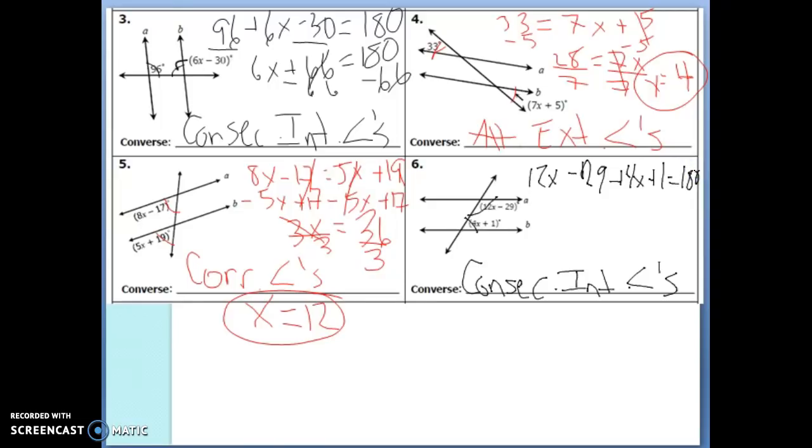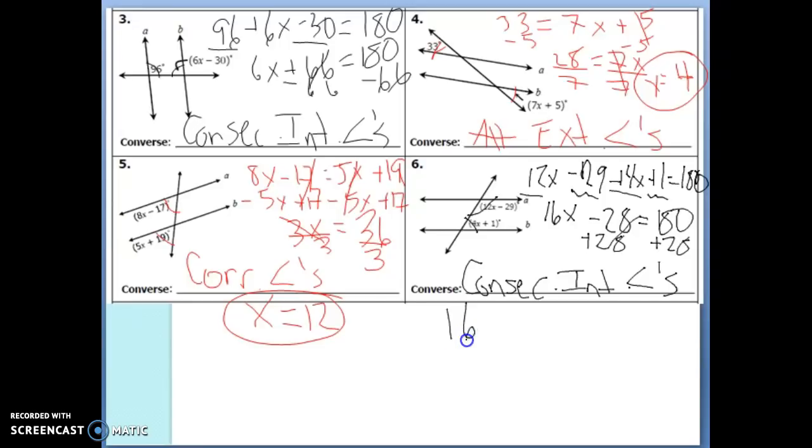Ooh, sorry, I barely got that to fit. 180. There we go. So we combine our x's. 12 plus 4 is 16x, and negative 29 plus 1 is negative 28 equals 180. I'm going to do this down below so I've got some more room. So to get x by itself, we add 28 to both sides.